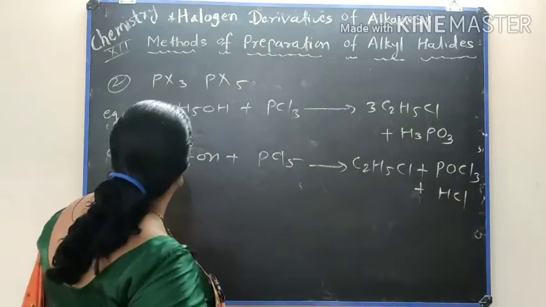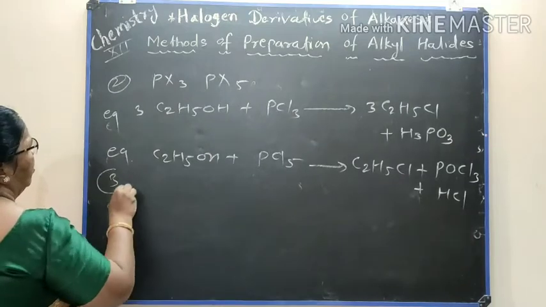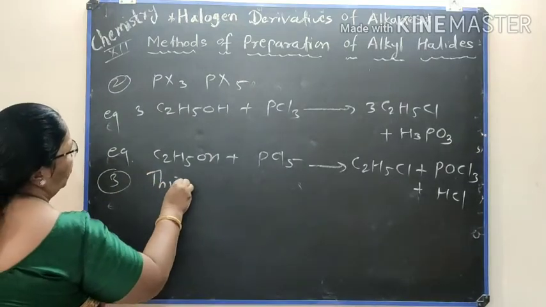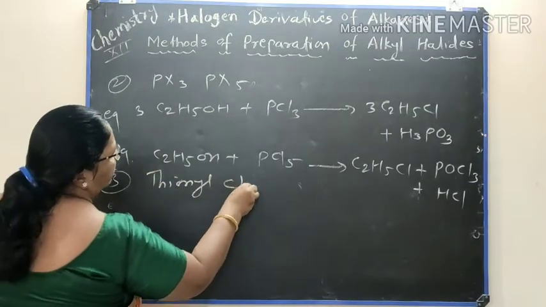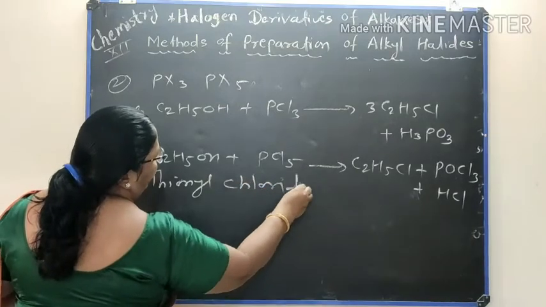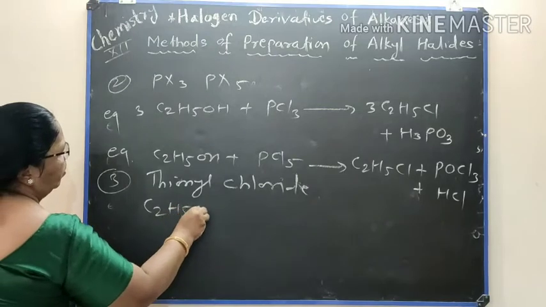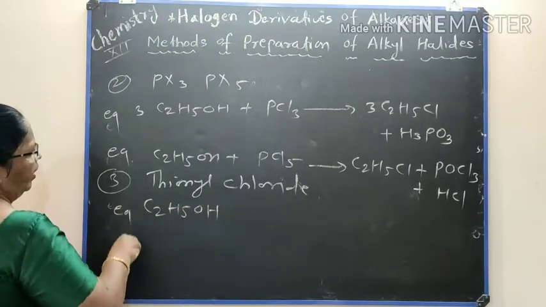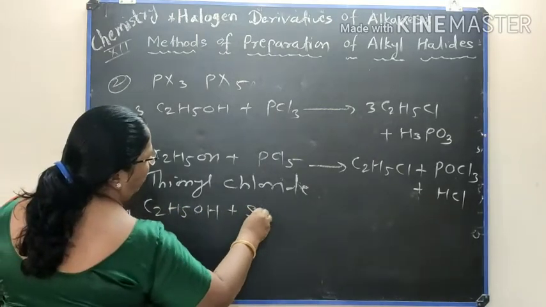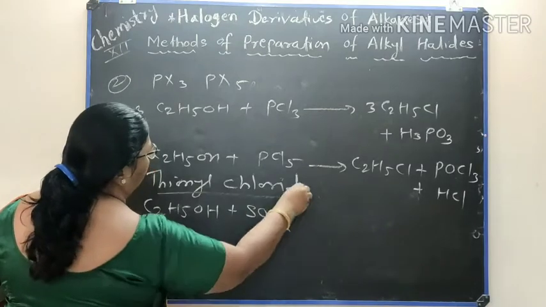The next method, that is third one, from thionyl chloride. Here you will see ethyl alcohol C2H5OH is treated with thionyl chloride SOCl2.